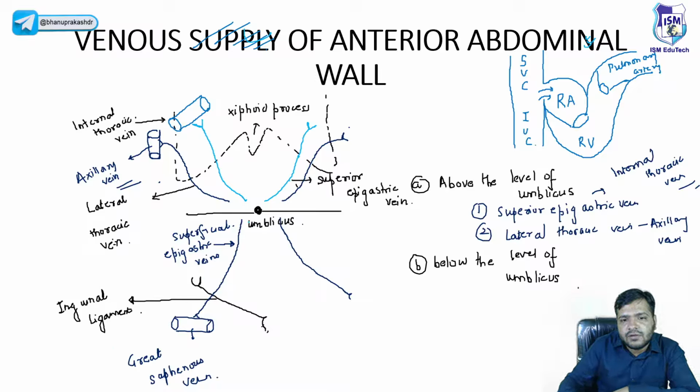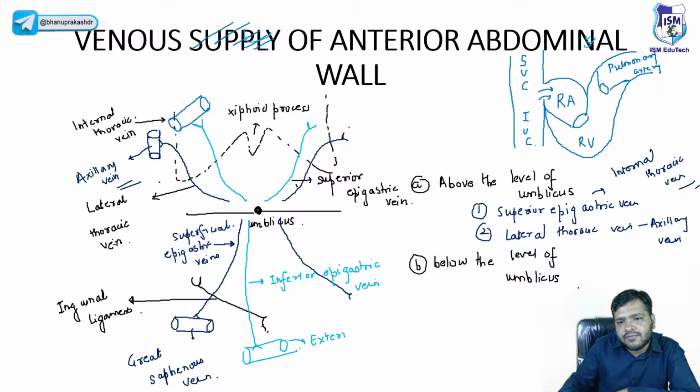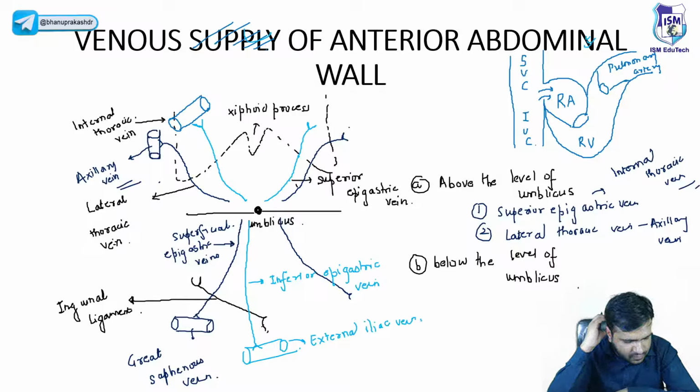We have this inferior epigastric vein that will drain the blood into the external iliac vein. Okay, that will drain the blood into the external iliac vein.